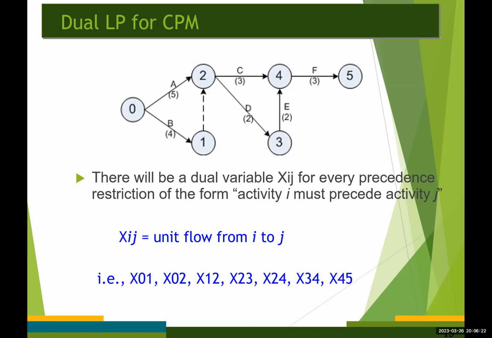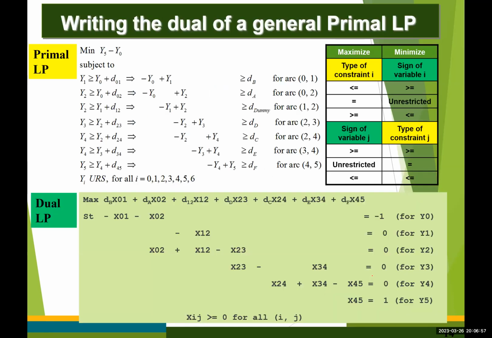Okay. And if we define the dual variable, this time we are going to use X sub ij to represent the unit flow from event number I to event number J. So we have this set of 7 different dual variables, one for each primal constraint. So using the conversion table, you remember?